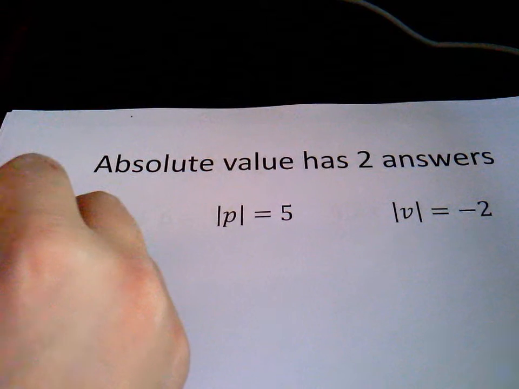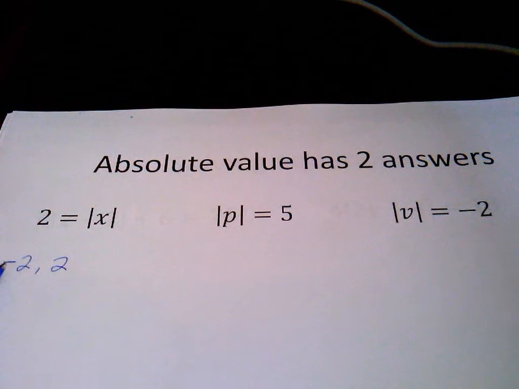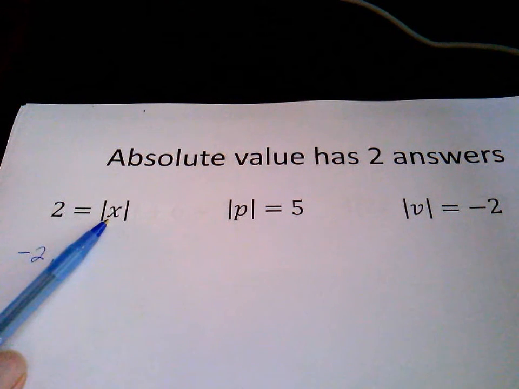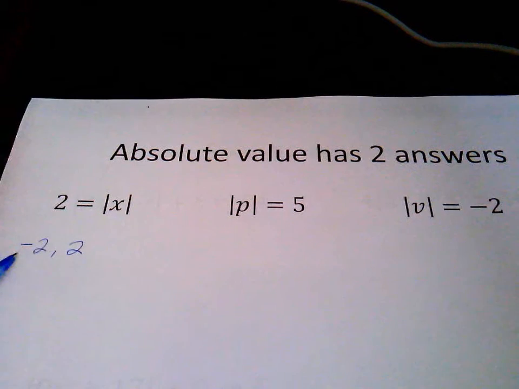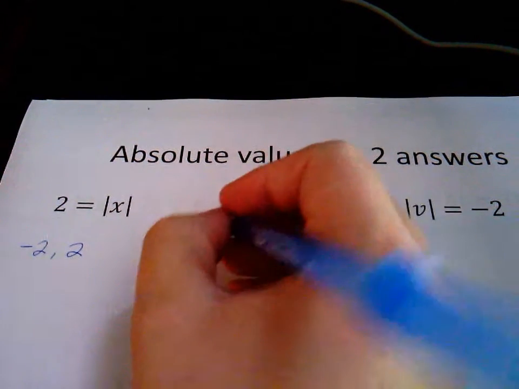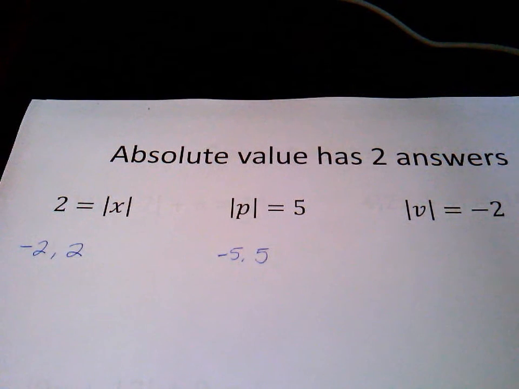You have -2 and you have +2. Both of these numbers are exactly 2 away from 0. So when we say what two numbers could x be in order for the absolute value of them to be 2, we'd say -2, +2. Same thing with p. -5, +5 are exactly 5 units away from it.